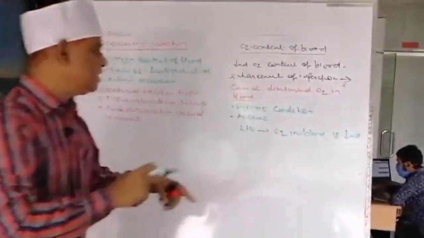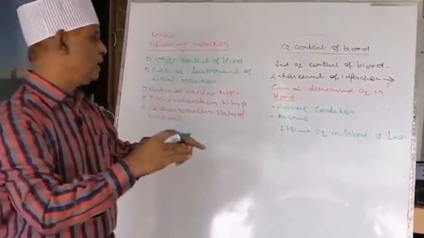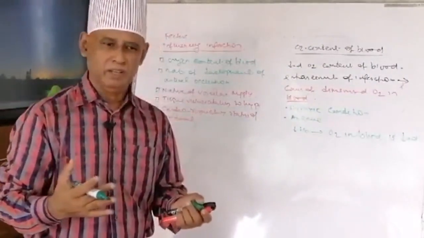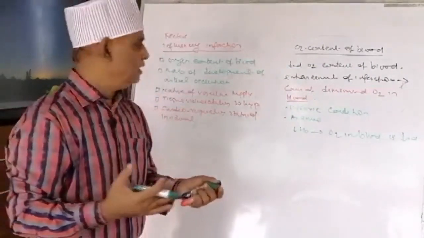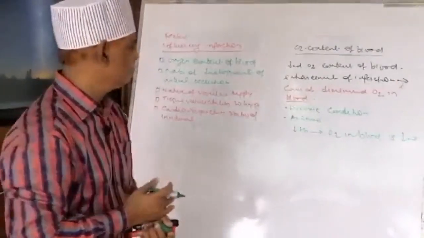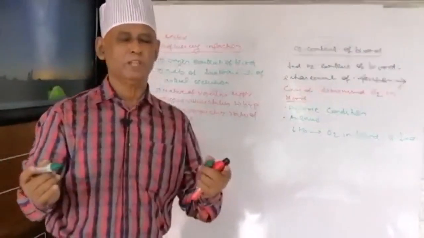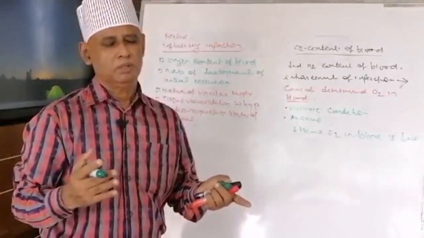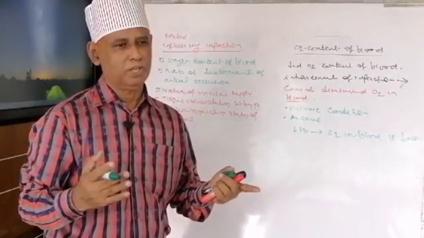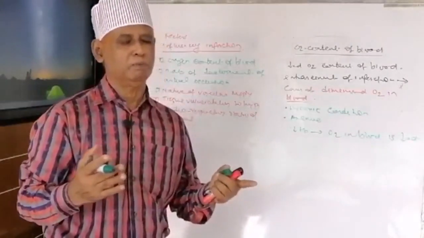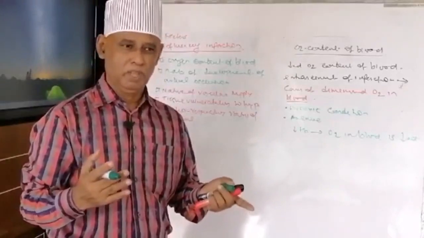As oxygen in blood is diminished, so cell and tissue gets minimum oxygen, and minimum oxygen is associated with enhancement of infarction. So if anybody suffers from anemia and if there is chance of myocardial infarction, the enhancement of myocardial infarction occurs in patients suffering from anemia.